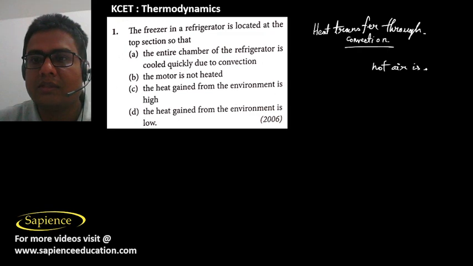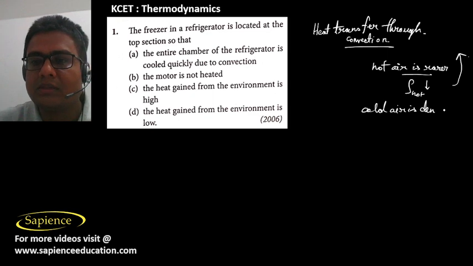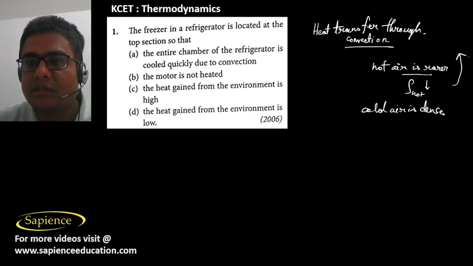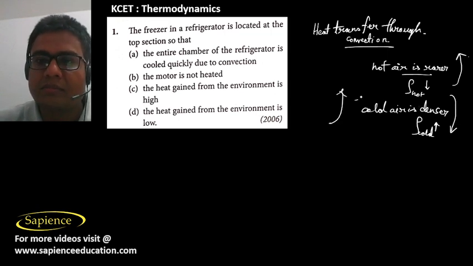If the hot air is rarer, it means the density of hot air is less, so it rises upwards, and the cold air is denser. It means the density of cold air is higher than hot air, so it will descend downwards. So hot air rises up and cold air descends downwards.